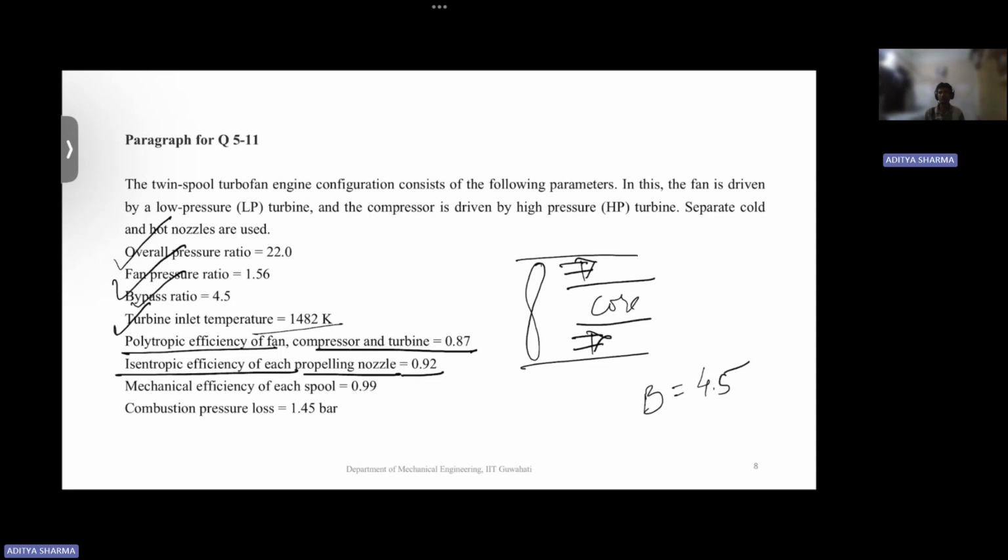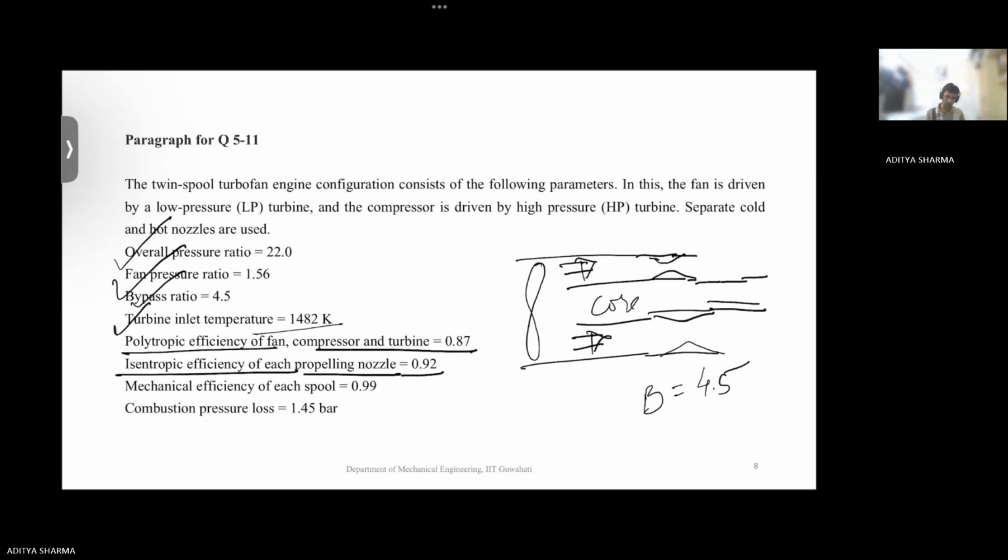Each propelling nozzle means one is for the cold part, one is for your core. Cold nozzle, hot nozzle.